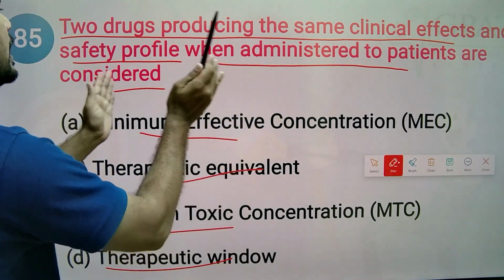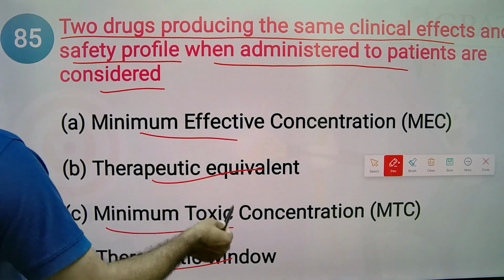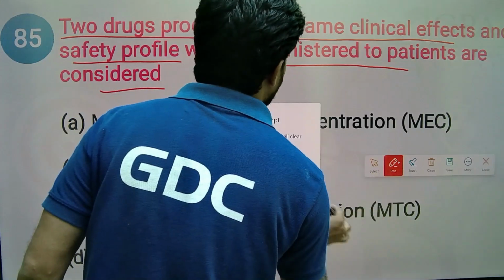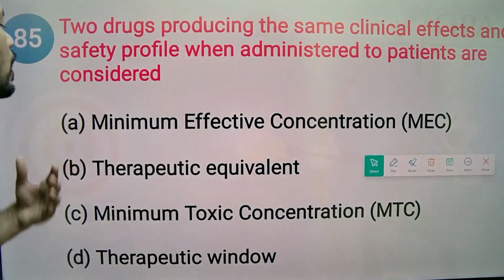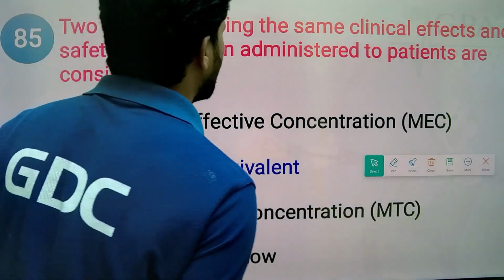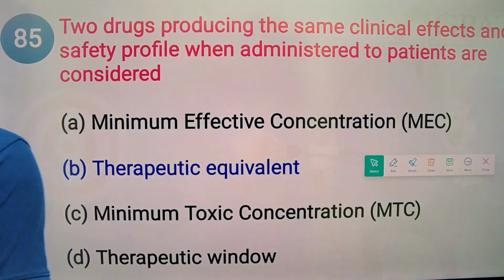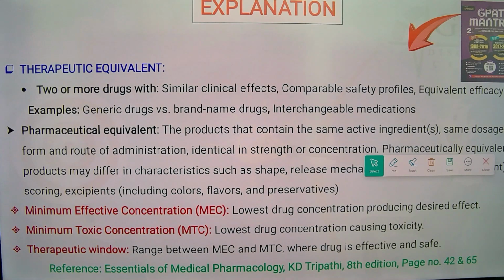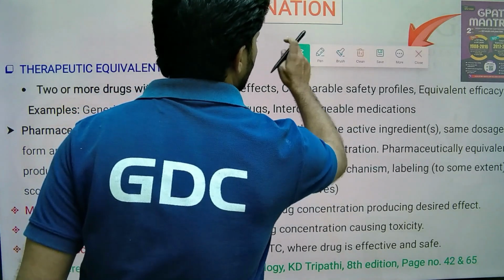Here there is equality in their effect as well as their safety profile. So simply the answer is the equivalency between the safety profile and clinical effect. This is simply therapeutic equivalent, the explanation of the therapeutic equivalent.